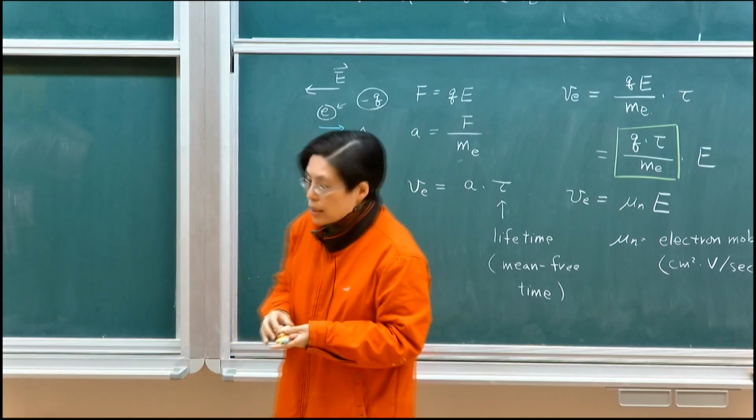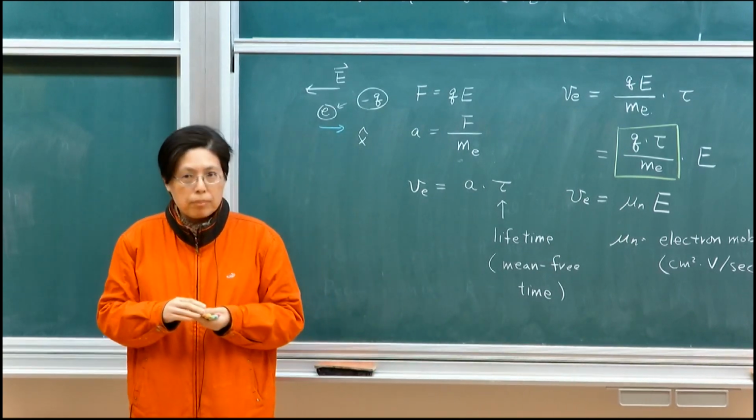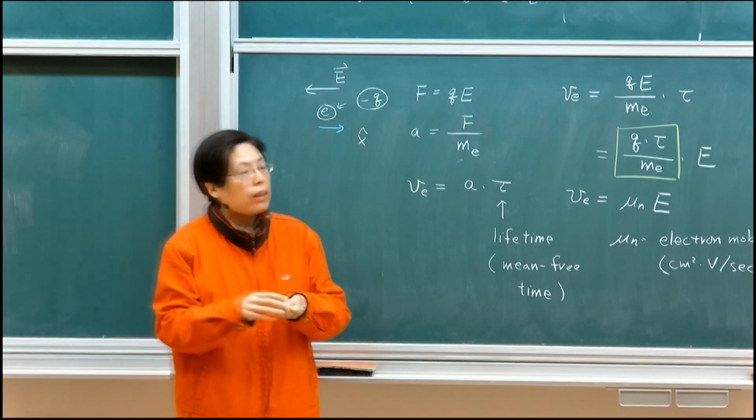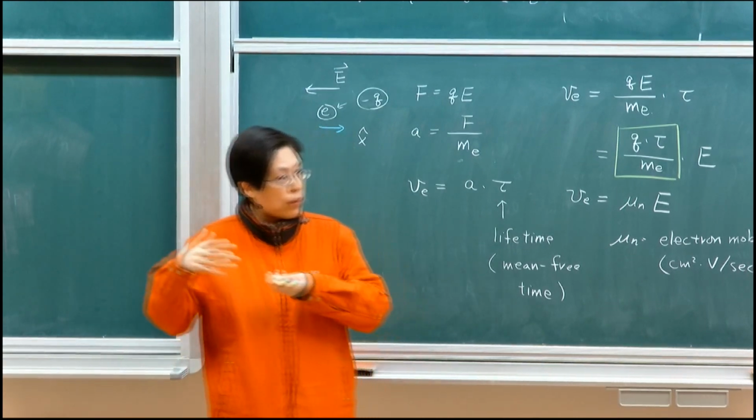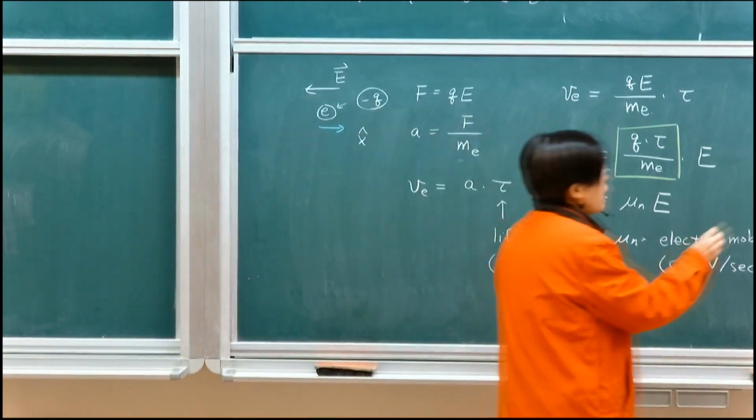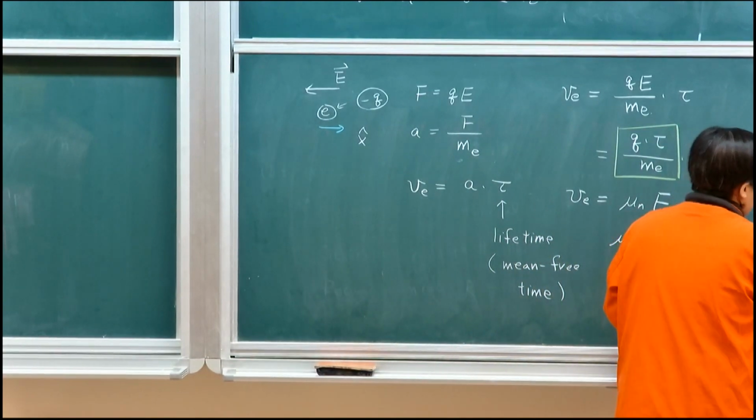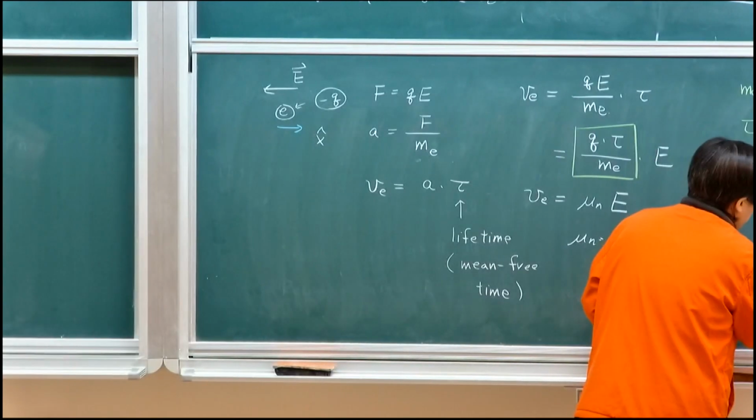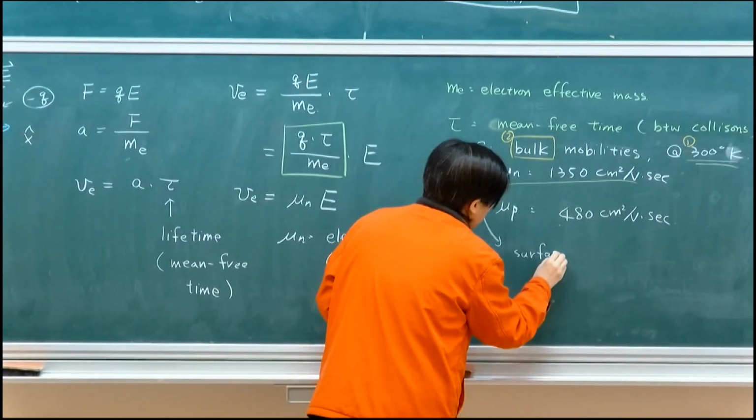But for devices like, especially MOSFET, you're moving at the surface. So you have something against it. So this is bulk mobility. Sometimes we will have something called surface mobility.